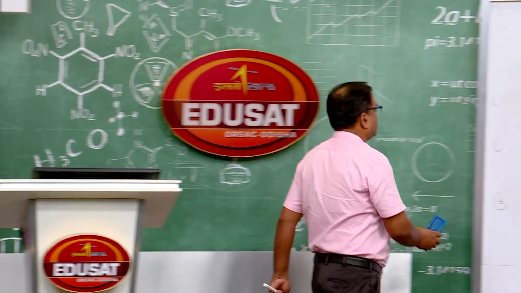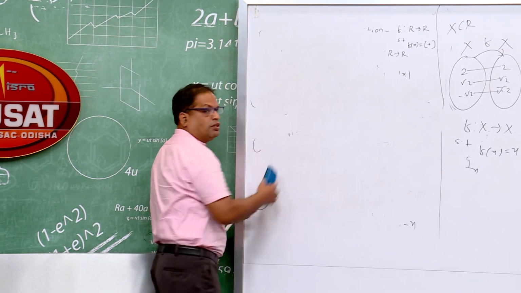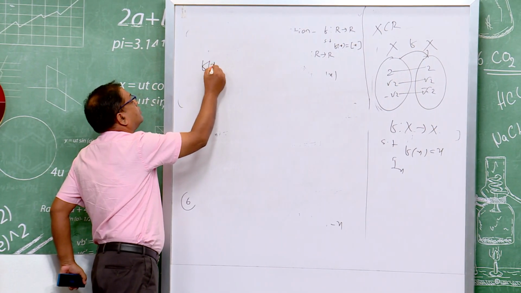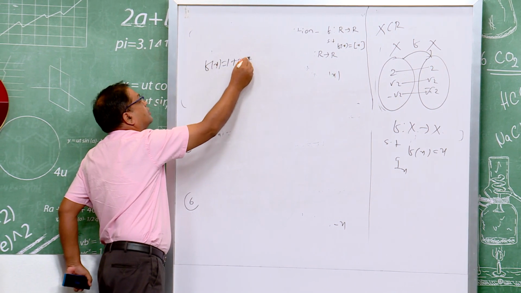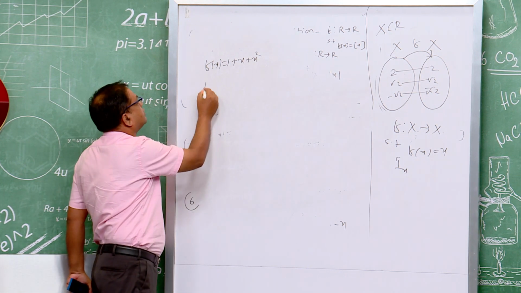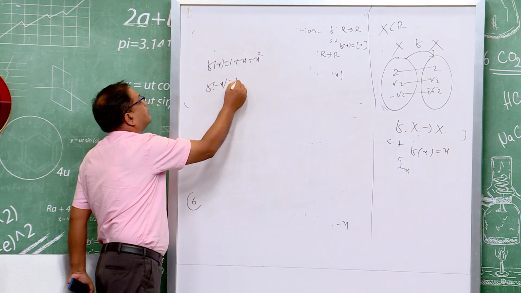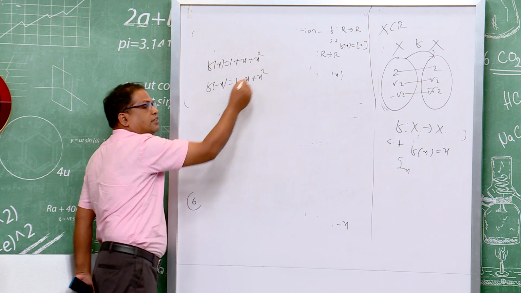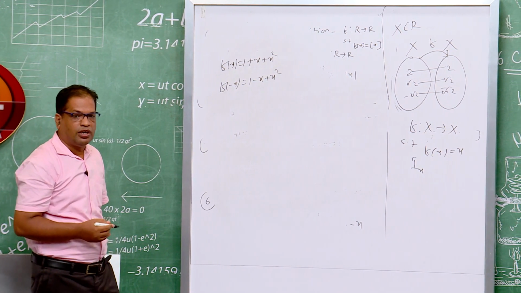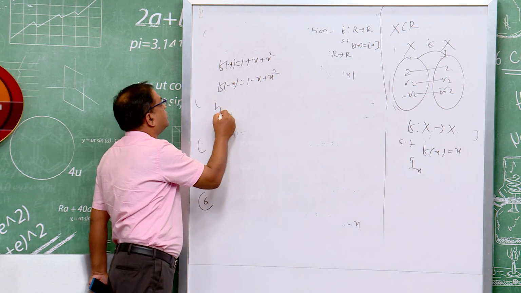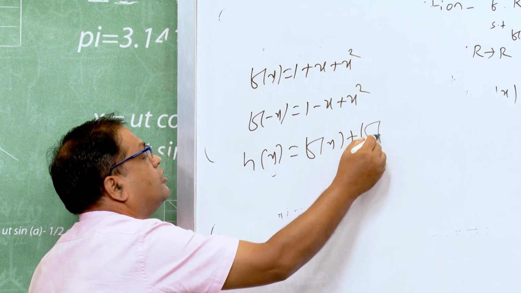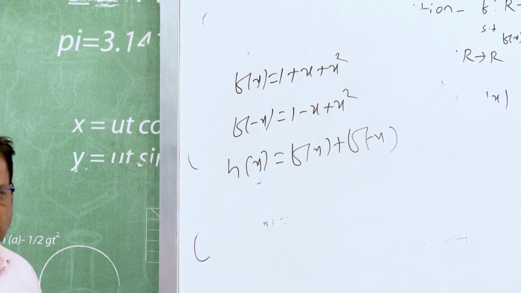So f(x) is equal to 1 plus x square, f of minus x is equal to 1 minus x plus x square. So what is h(x)? f(x) plus f of minus x.